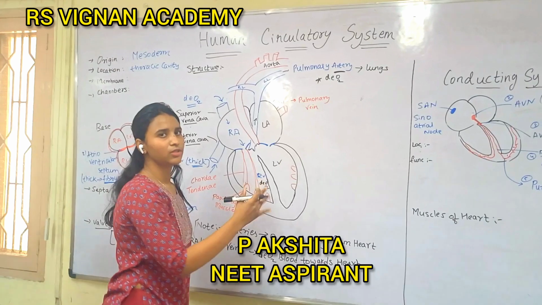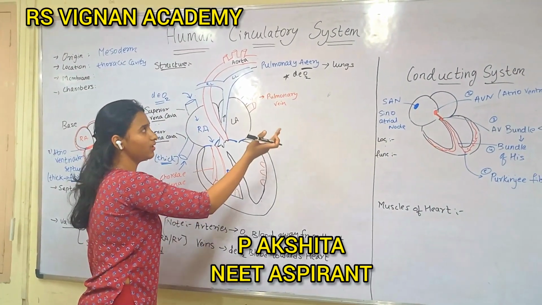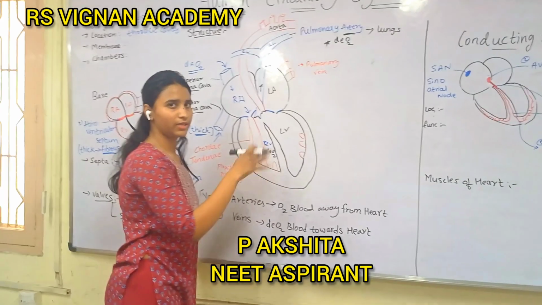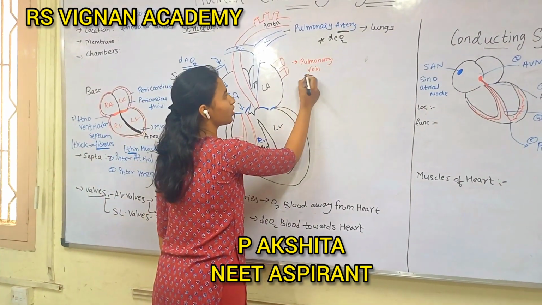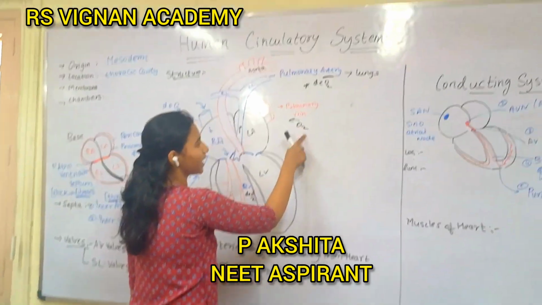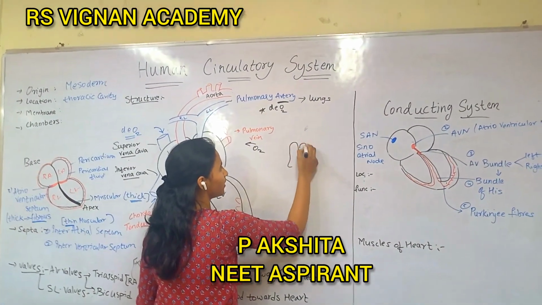Now in the lungs, through the process of respiration, the oxygenated blood and the deoxygenated blood are exchanged, and now the purified or oxygenated blood is carried by the pulmonary vein. If you can see, these are the lungs.